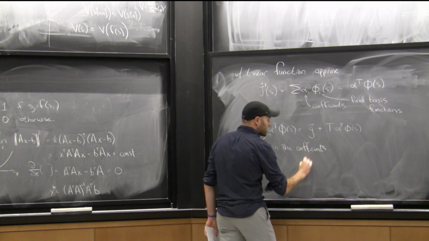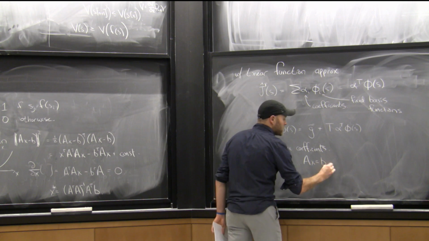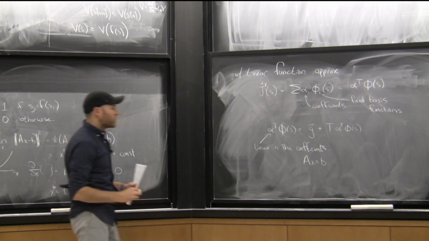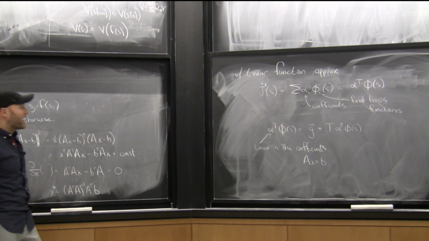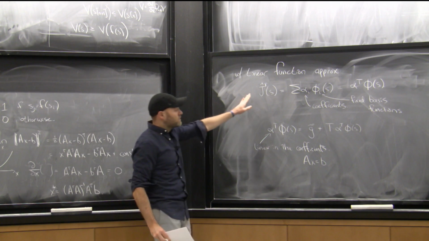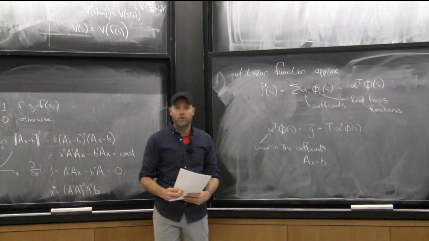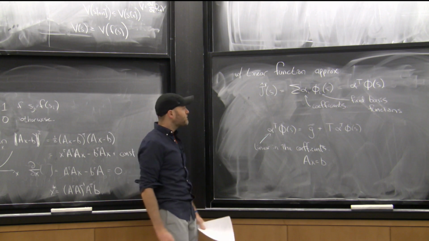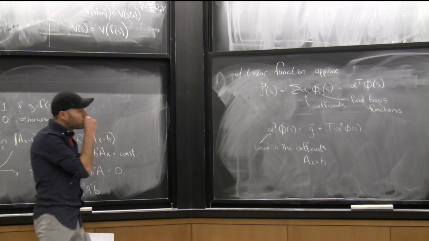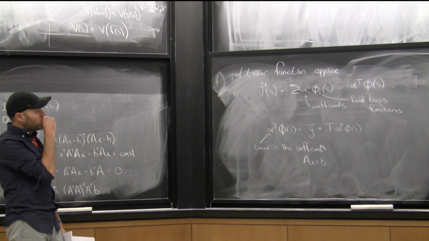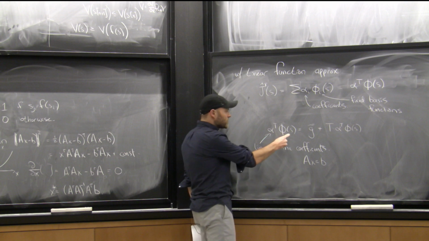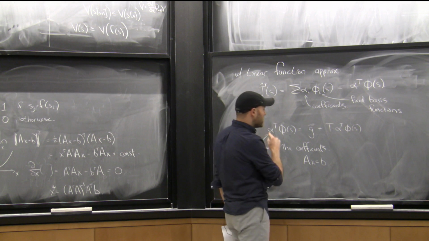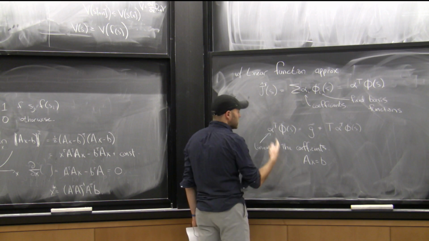So it still looks like Ax equals B, and I can solve for the least squares solution to my cost to go by just solving a set of linear equations. So that's very cool, and I can do that also in continuous state.